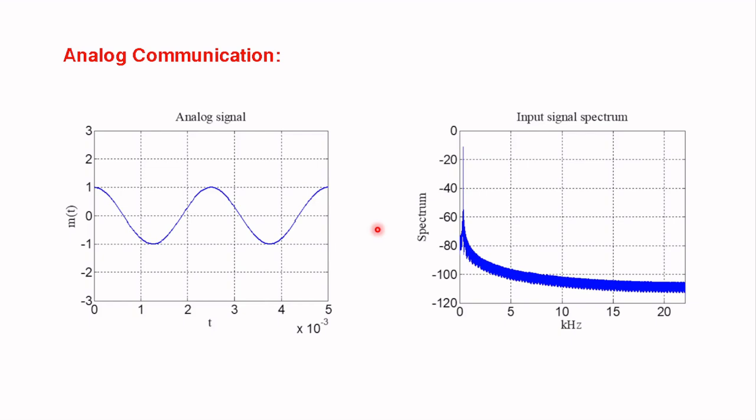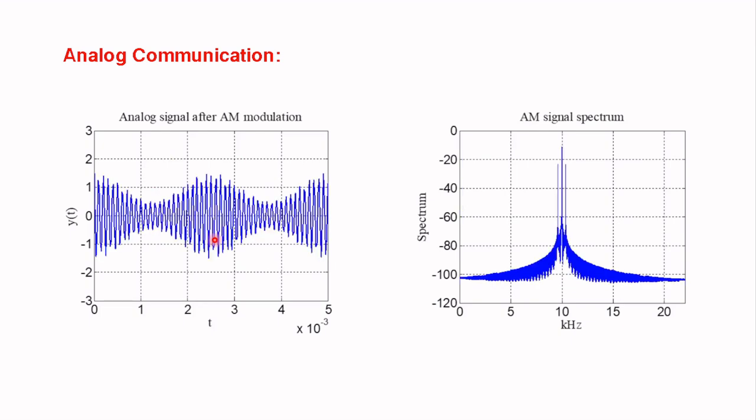First, analog communication. Here, as we can see, we have an analog signal, which is a 400 Hz tone. This is its spectrum. We can modulate this signal on a carrier, specifically on the amplitude of the carrier, as follows, and we will have the following spectrum.